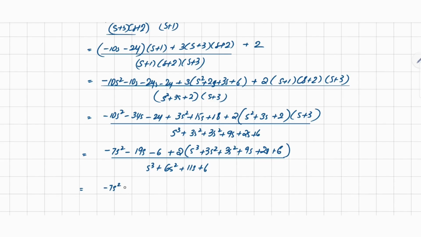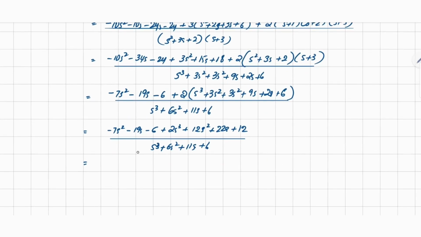Here minus 7s squared minus 19s minus 6 plus 2s cubed plus 6s squared, and that's 12s squared plus 11s, that's 22s plus 12 over s cubed plus 6s squared plus 11s plus 6, and that's 2s cubed.